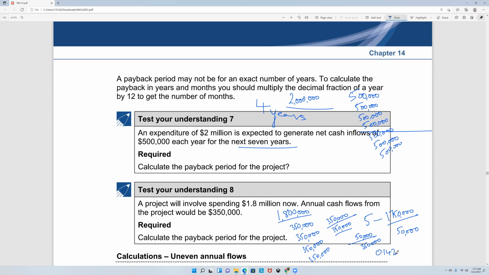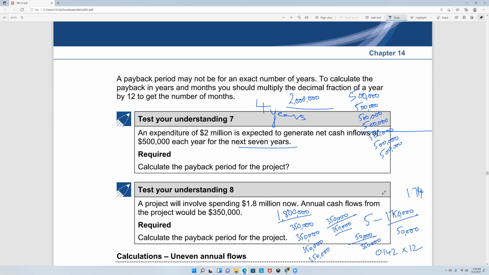0.142. Now this amount is actually out of 100. I need to get to know in how many months I'm going to get it. So I just multiplied by 12. How much is the amount? 1.714.